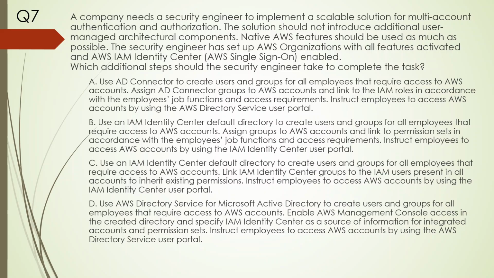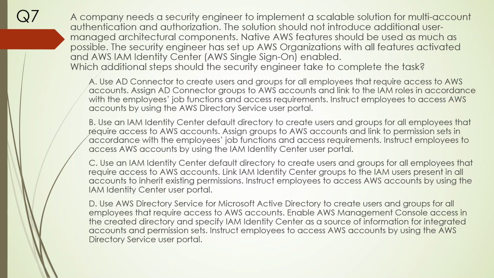Letter C. Use an IAM Identity Center default directory to create users and groups for all employees that require access to AWS accounts. Link the IAM Identity Center group to the IAM users present in all accounts to inherit the existing permissions. Instruct employees to access AWS accounts by using the IAM Identity Center user portal.